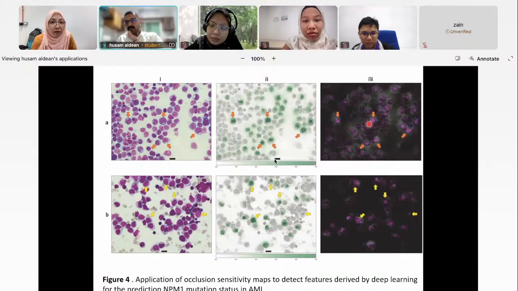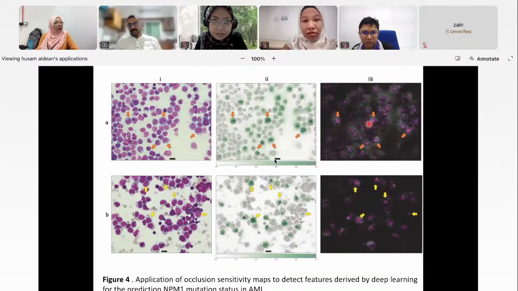They focus on the chromatin in the nucleus and this prenuclear region. That also shows good performance for the model, for the combination of the opinion of the hematologist and the model. Oh, for this cell. Yes.